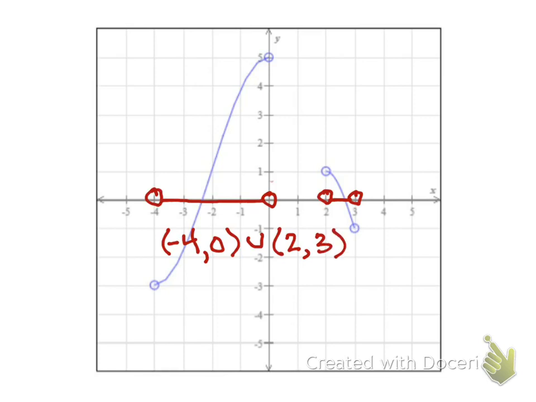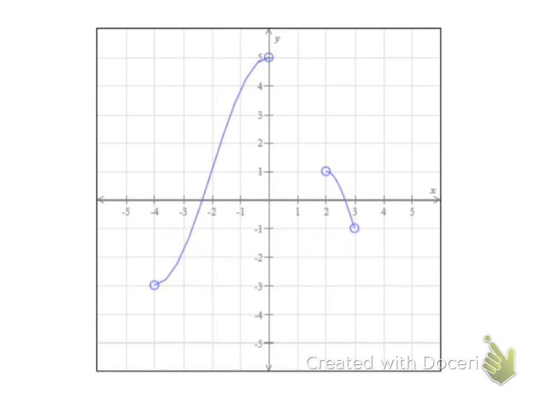union 2 to 3. Next, let's look at y values. The range is y values, so we're going to look at taking our graph over to the y-axis. Here we would have an open circle at -3. We already have an open circle at 5, and we include all of that.